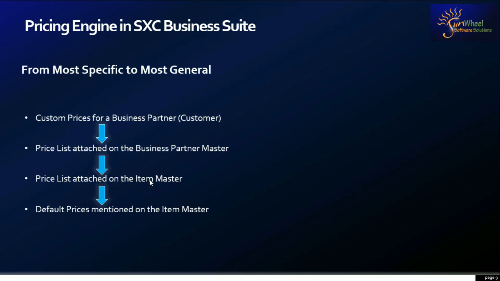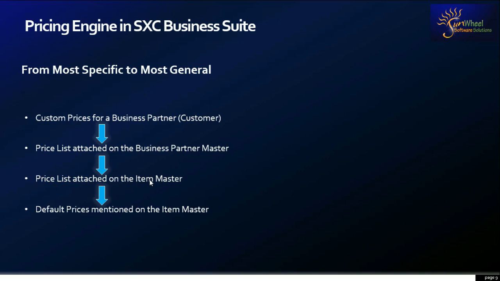So we have B2B and B2C, and typically the prices for B2B will be different from the prices of B2C. So we can have two different price lists, and for each kind of customer we can have a different price list attached to it. So accordingly we might also have a dealer network.